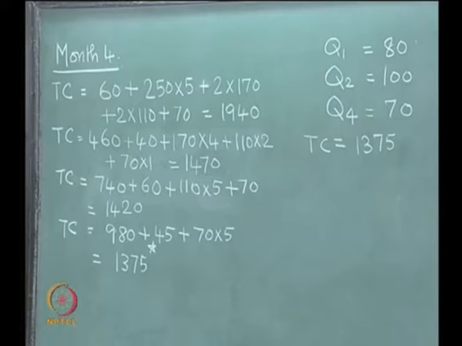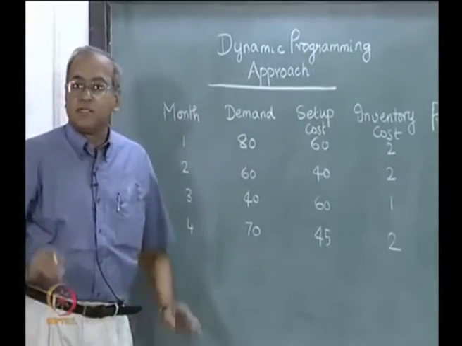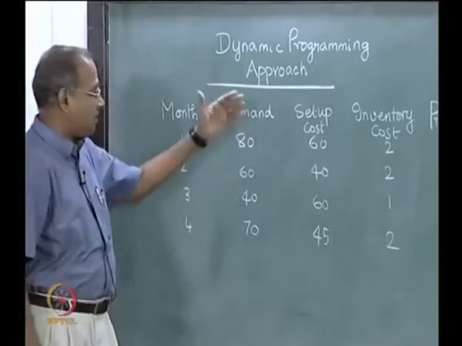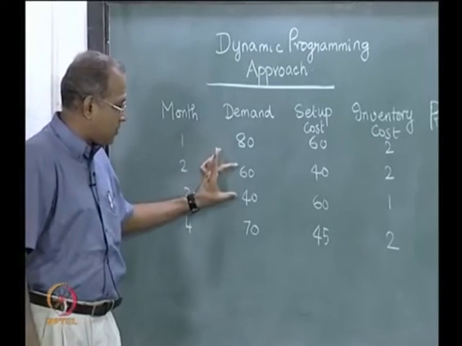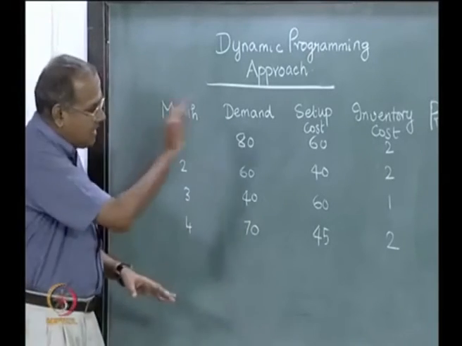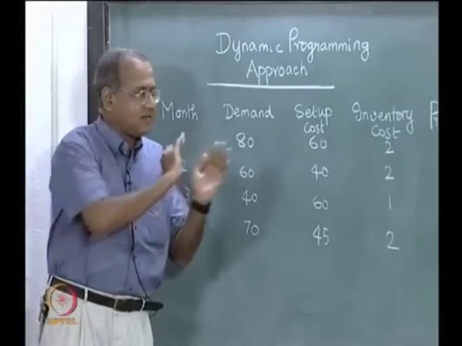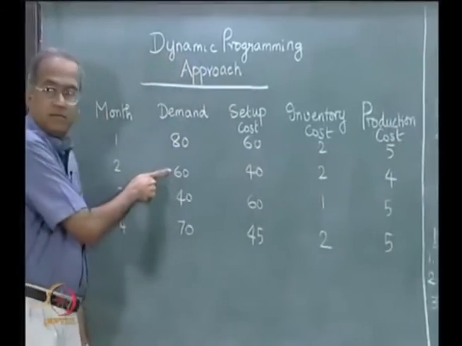All right. So, we have now solved this optimally using dynamic programming. Now, there are 4 periods. The optimal solution does not ask you to produce in all of the 4 periods. It is enough to produce here, here, and here. In some sense, it is understandable because the production quantity comes down here.